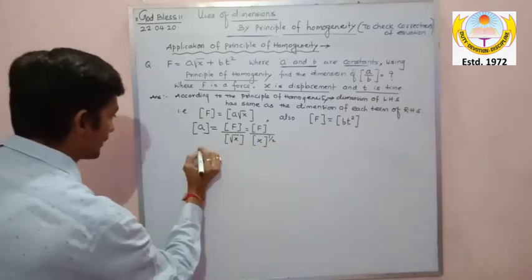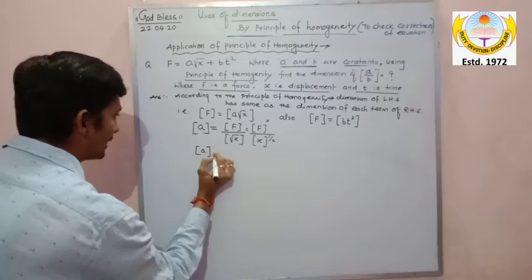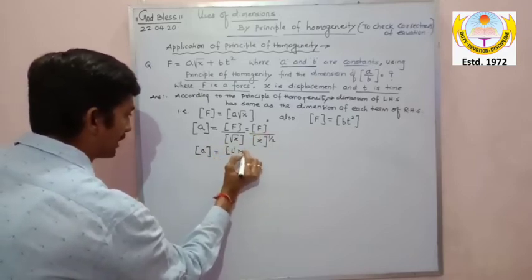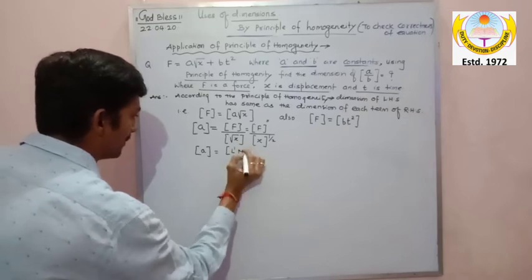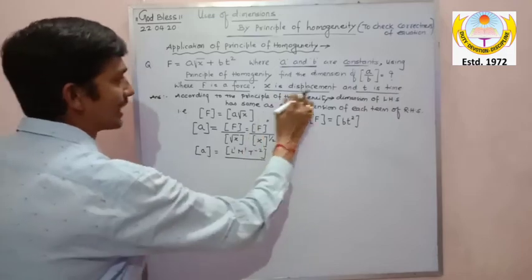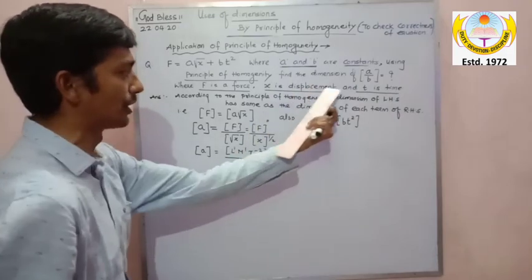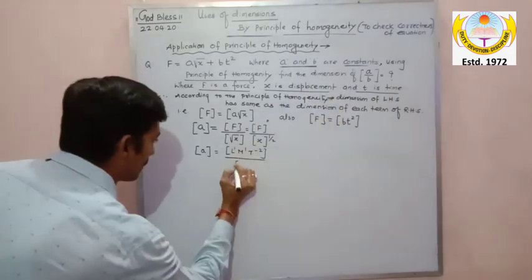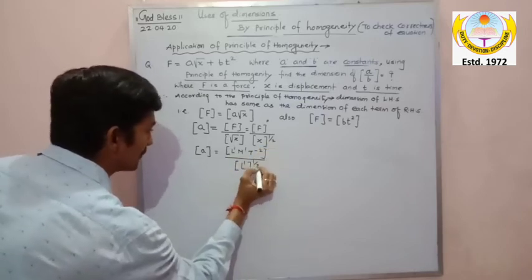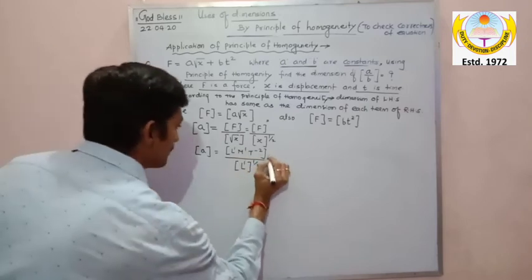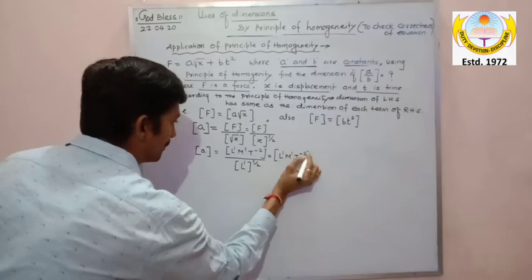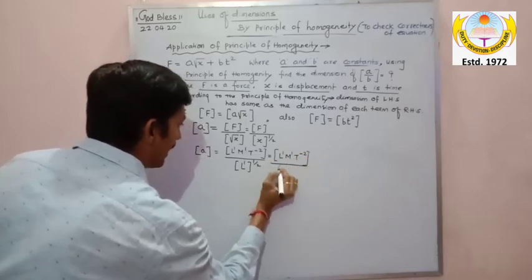So now the dimension of A is equal to the dimension of F, that is L1 M1 T minus 2, divided by X. X is a displacement, as I have written in the question. So the dimension of displacement is L power 1, and this is power half. So now this will become L1 M1 T minus 2 and in the denominator it will be L power half.